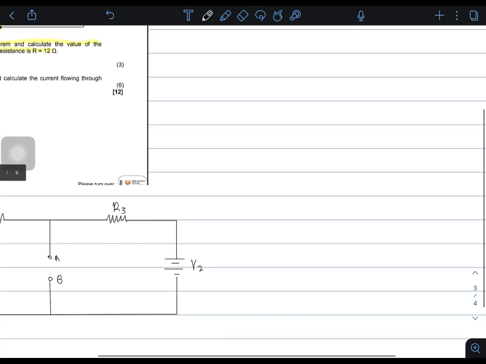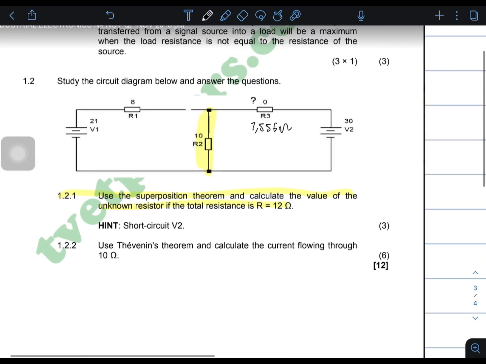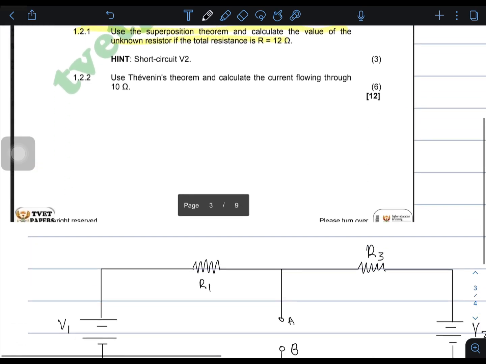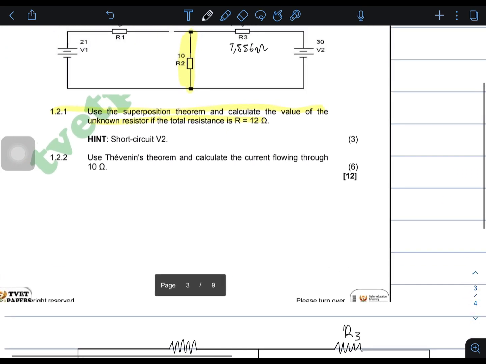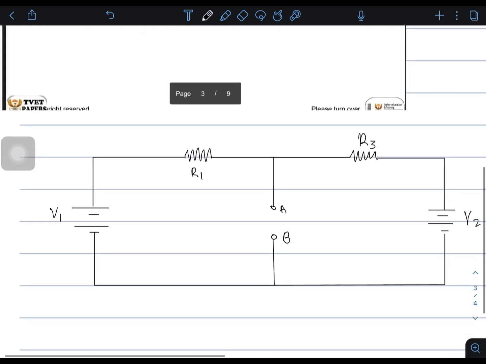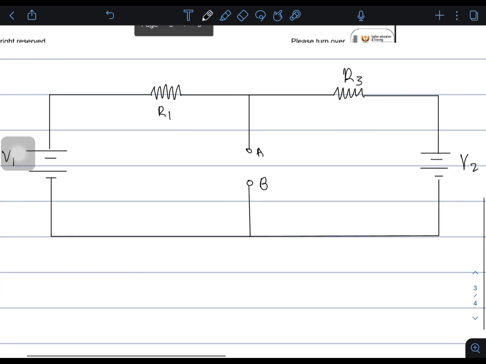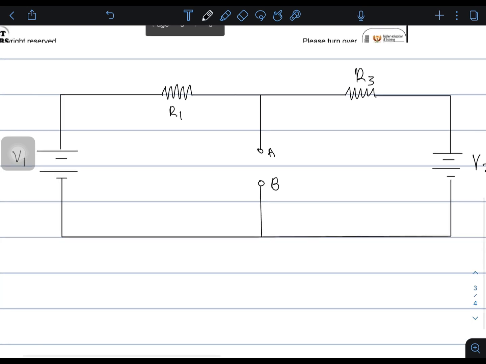What is different about having multiple sources, two sources? When we are finding the Thevenin voltage, we first consider each source acting separately.